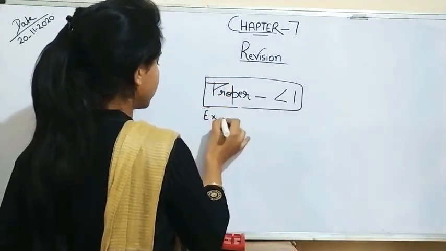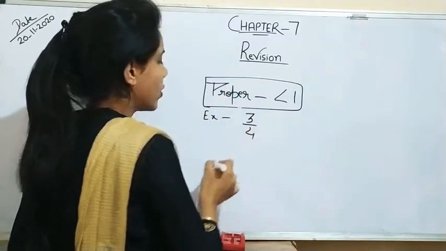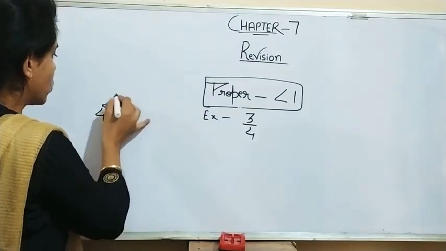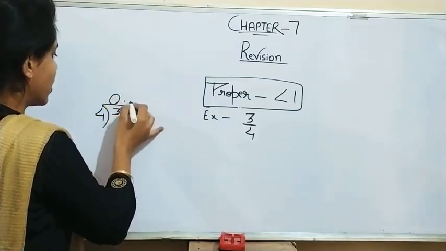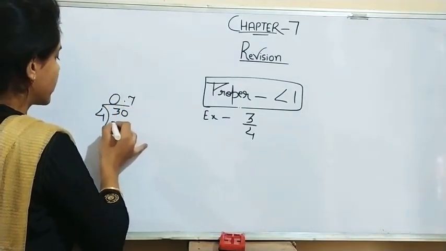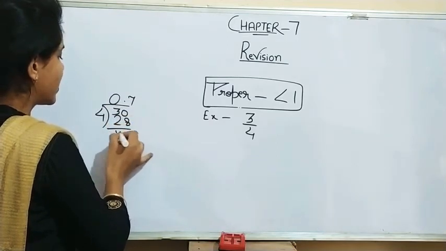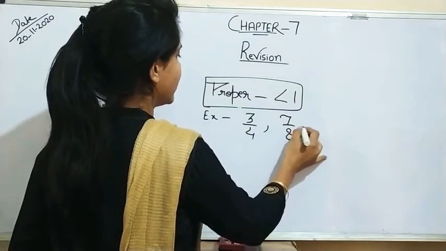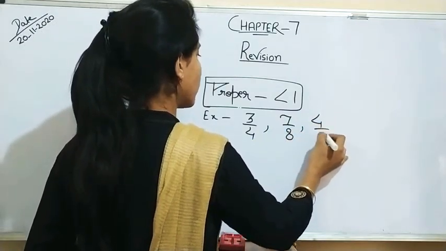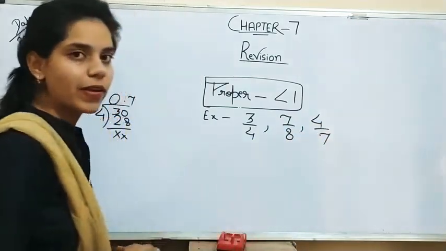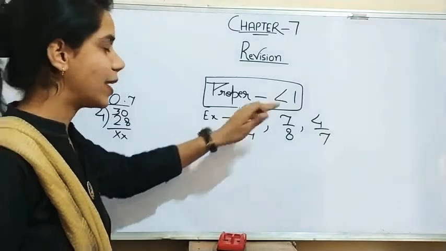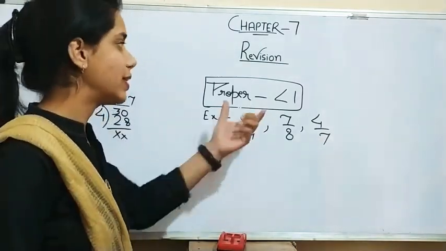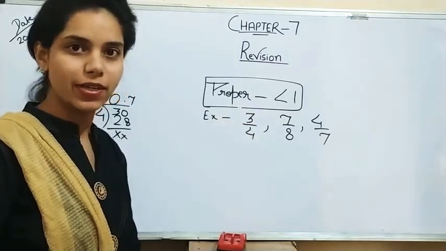Example, 3 by 4. If you divide 3 by 4, you will get a decimal number, so it is less than 1. You can take other examples like 7 by 8, 4 by 7. All these quantities are less than 1. So in short, proper fractions are less than 1.